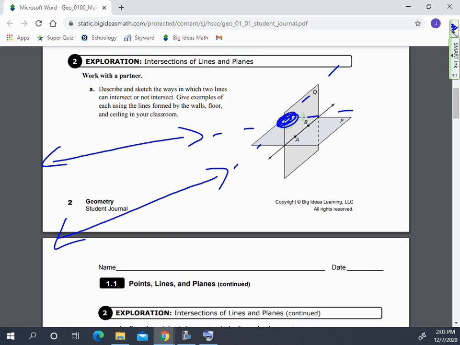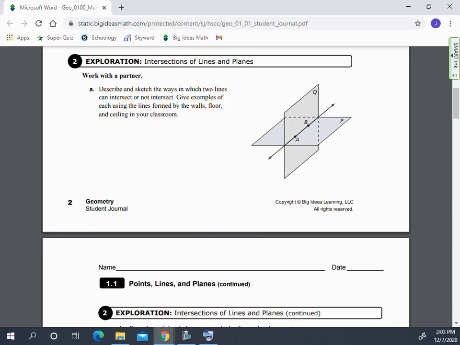They will intersect. So any two lines that are not parallel will intersect at some point. Give examples of each using lines formed by walls, floor, and ceiling in your classroom. I'll do that in our next example.